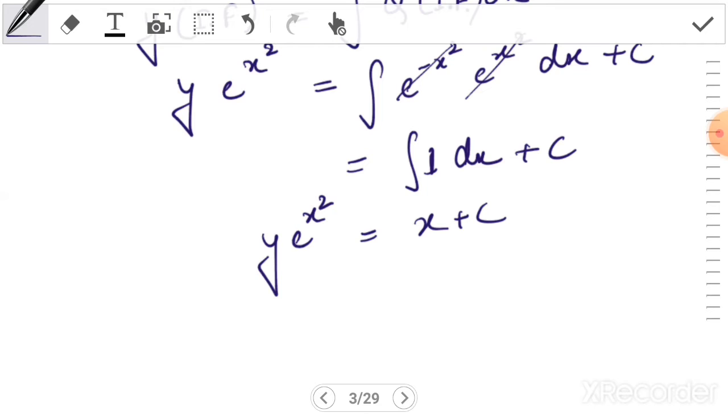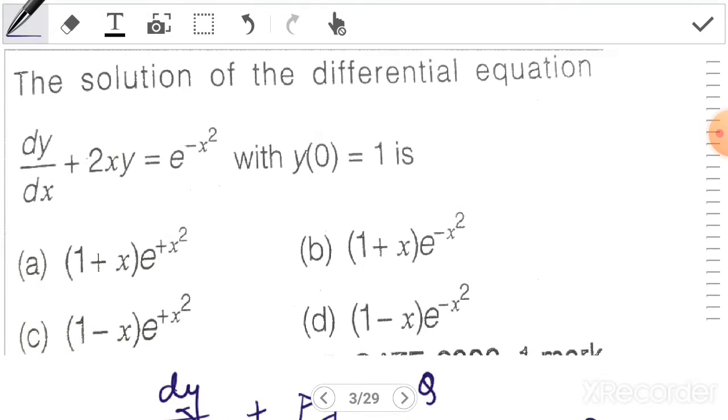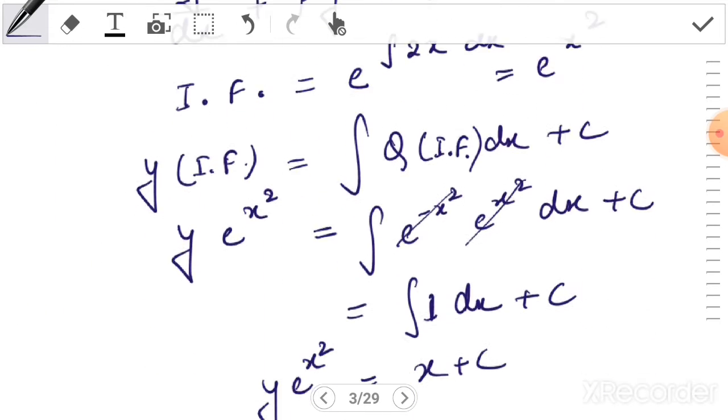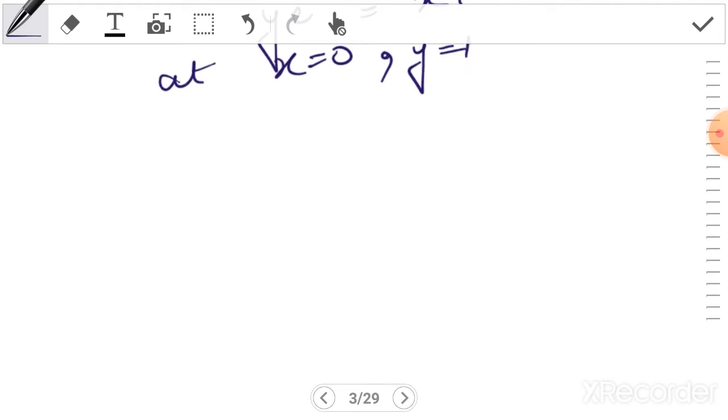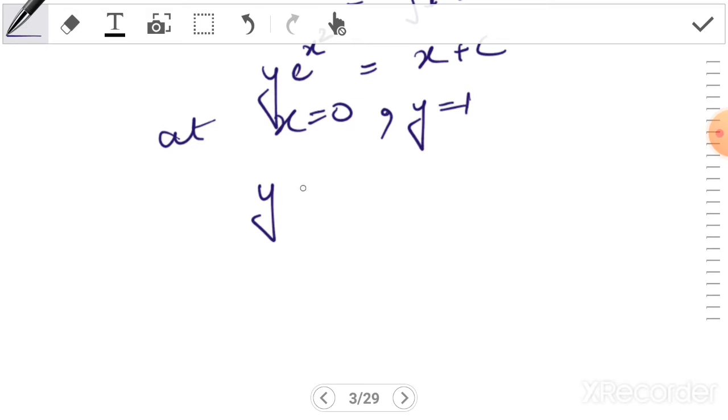Okay. Now we are given initial values: at x is equal to 0, y is equal to 1. So y is 1 and e^0 is equal to 0 plus c.